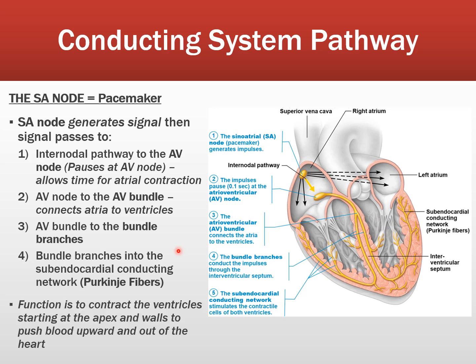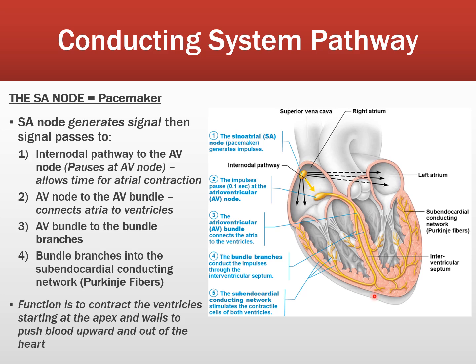Essentially, the whole point is that the signal starts up at the SA node, at the top, and the atria contract together to finish pushing the blood into the ventricles. But then it has to get all the way to the bottom of the heart, and essentially it stimulates the bottom of the heart up, so it contracts apex upward.